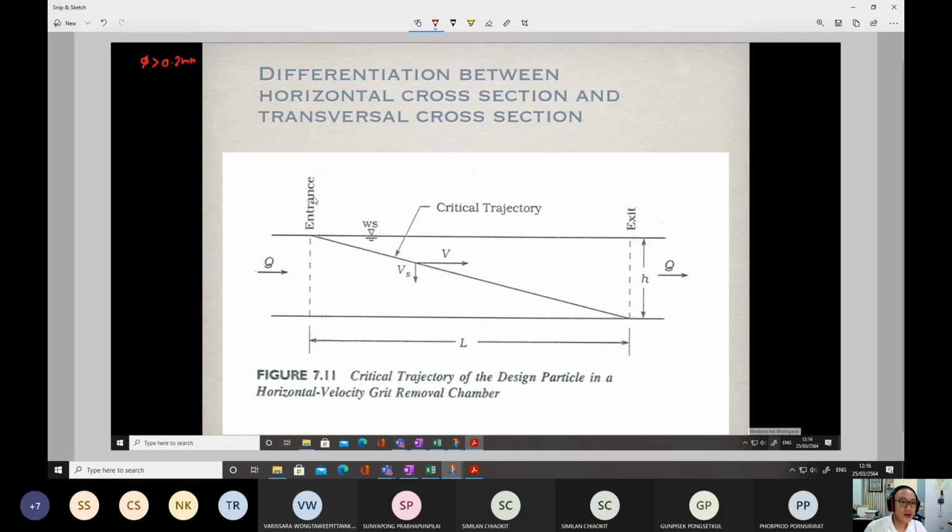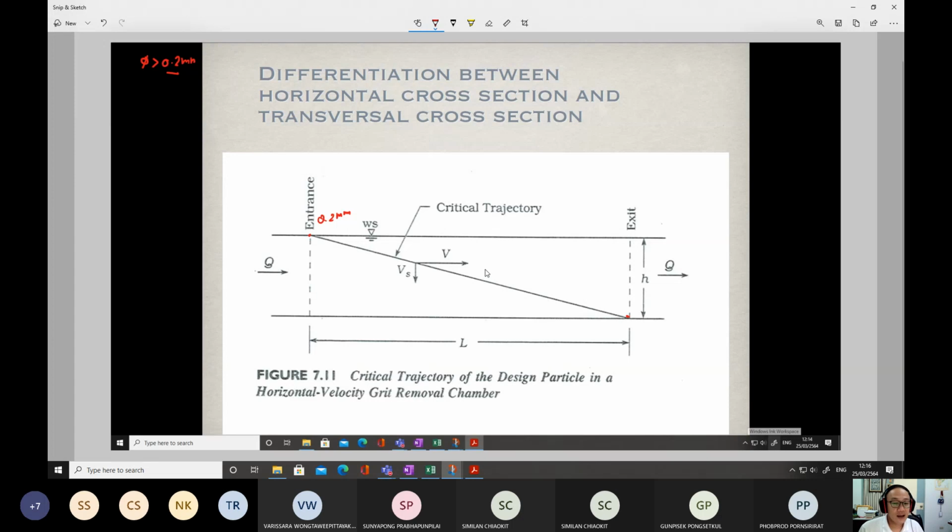The problem is the particles with the size 0.2 millimeters. Once they enter the settling zone at this position, these particles will move to the bottom of the chamber and reach this position.